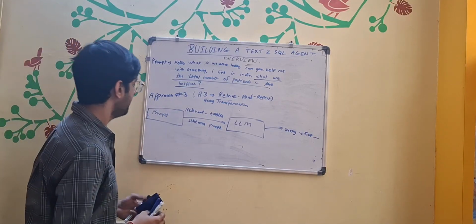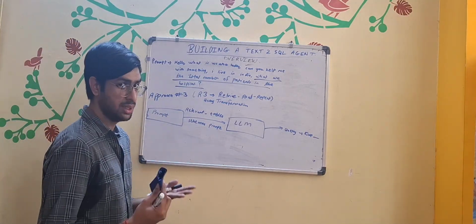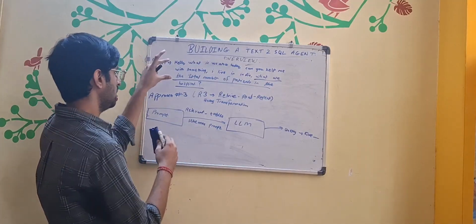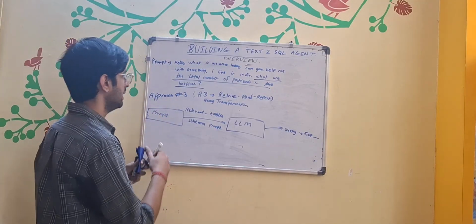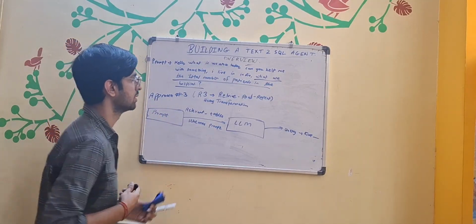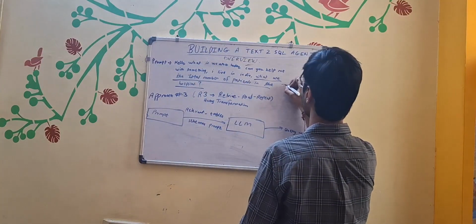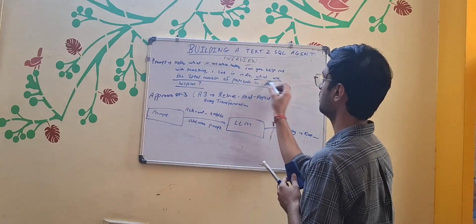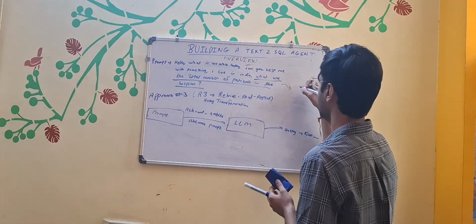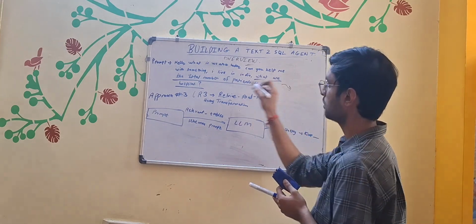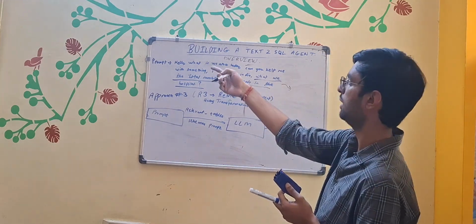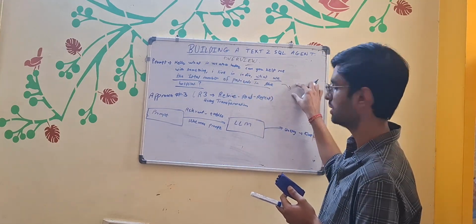So what we need to do is somehow refine and enhance this prompt, extracting only the relevant things. So it should become something like this. This prompt should get converted into this only, or enhanced, like generate SQL query for what are the total number of patients in the hospital, and also reply to hello, what is the weather today, can you help me with something.